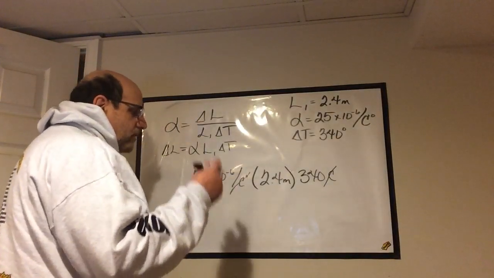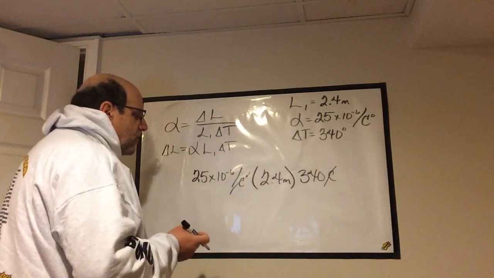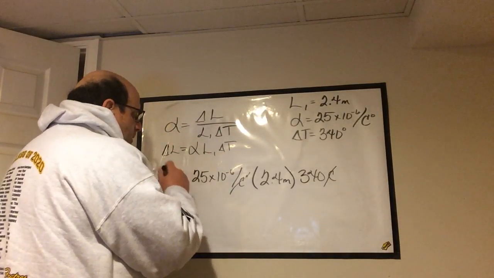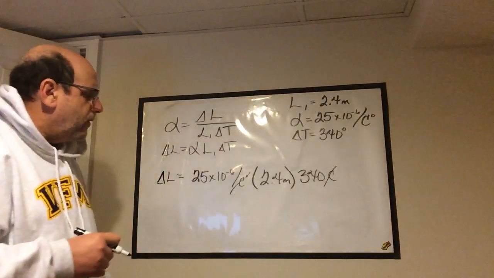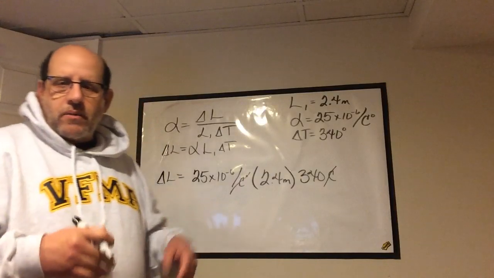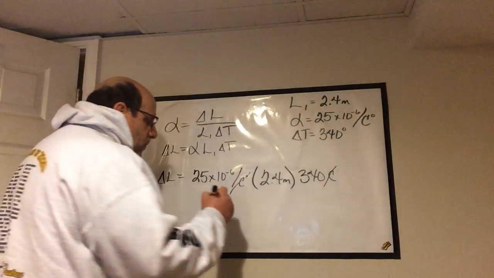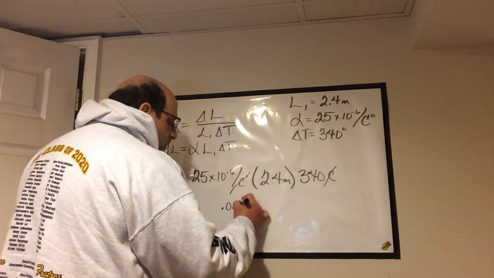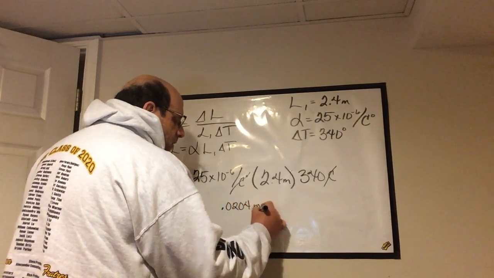Just keep thinking of making sure your units cancel correctly. I know it's been a long time since I've harped on that, but it's still a pretty big deal. When you multiply this times this times this, I've already done it, you would come up with 0.0204 meters.